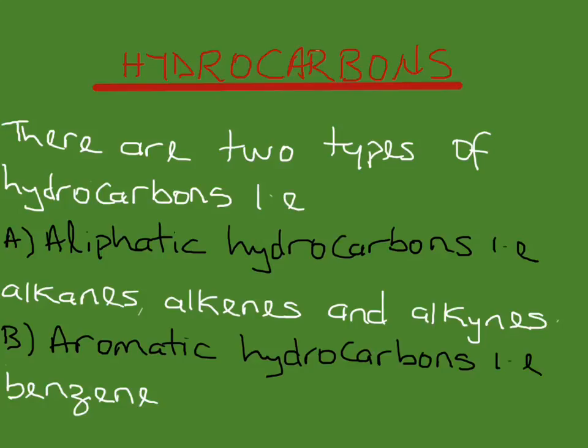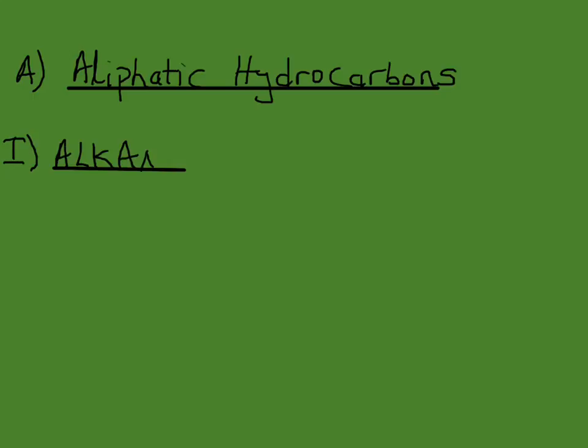We'll begin with alkanes. And we're going to see that alkanes are straight chain hydrocarbons, and they have the general molecular formula CnH2n+2. Alkanes are also saturated, meaning they contain the maximum amount of hydrogen atoms and no multiple bonds between carbon atoms.